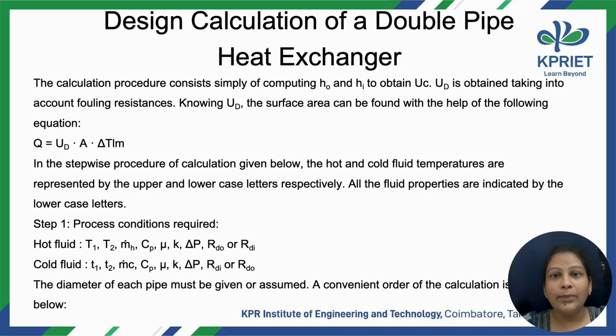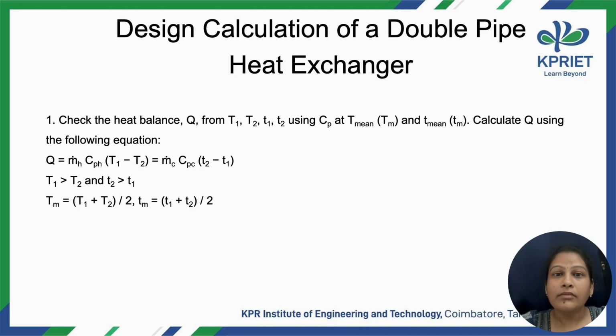So the first step in the design calculation involves the calculation of the heat transfer rate, that is Q. We know that the heat that is lost by the hot fluid is actually gained by the cold fluid. So the m Cp delta T of the hot fluid should be equal to the m Cp delta T of the cold fluid.